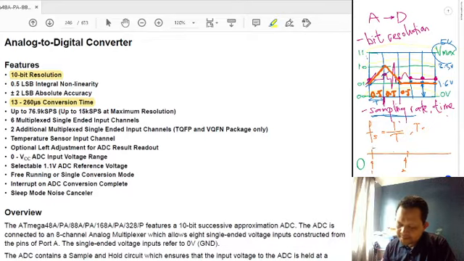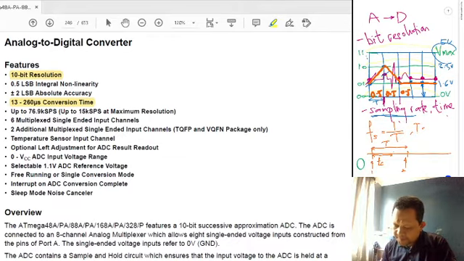This is T, but the conversion time TC might be something just like this only. TC refers to conversion time. So what happens to the remaining time over here?